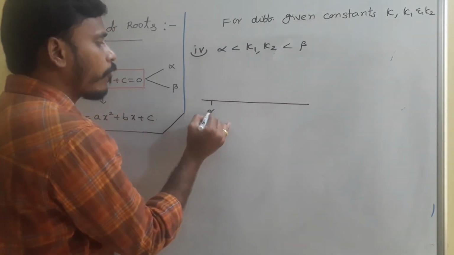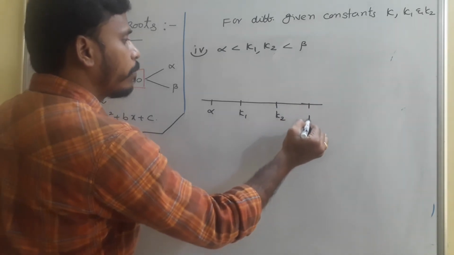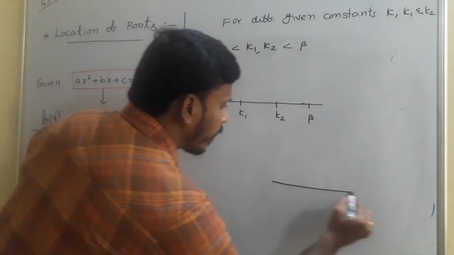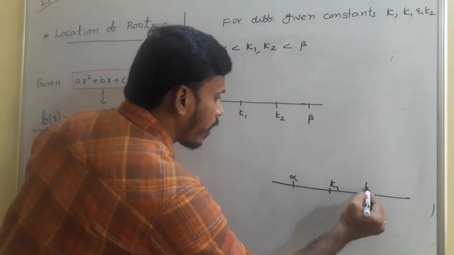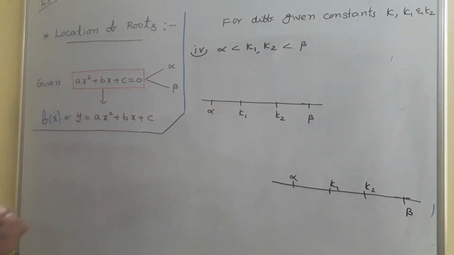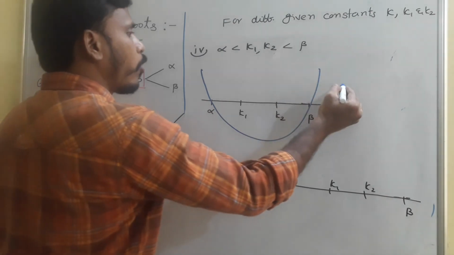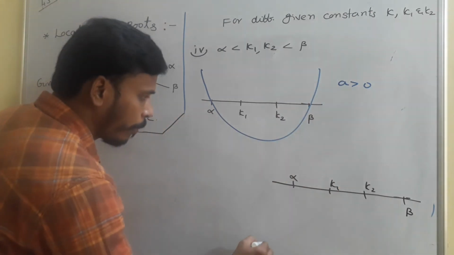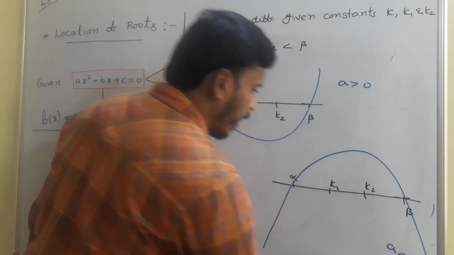Somewhere here alpha is there, and here k1, and here k2, and here beta. And again somewhere here alpha, and here k1, k2, and then beta. So if you try to sketch the graph, maybe upward, this is possible at a greater than 0. Maybe downward, this is possible at a less than 0.